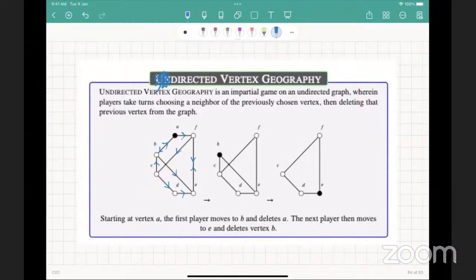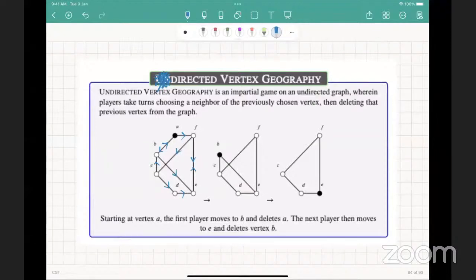Every node corresponds to a state of the game, and the directed edges basically tell you what states are accessible from the current one. And so really, if you think about playing any game whatsoever, you can imagine that you're essentially sliding a token along the game tree. And so if you know how to solve directed vertex geography, you can basically apply that to basically any game that you like. So that's an interesting feature of the directed version of the game.